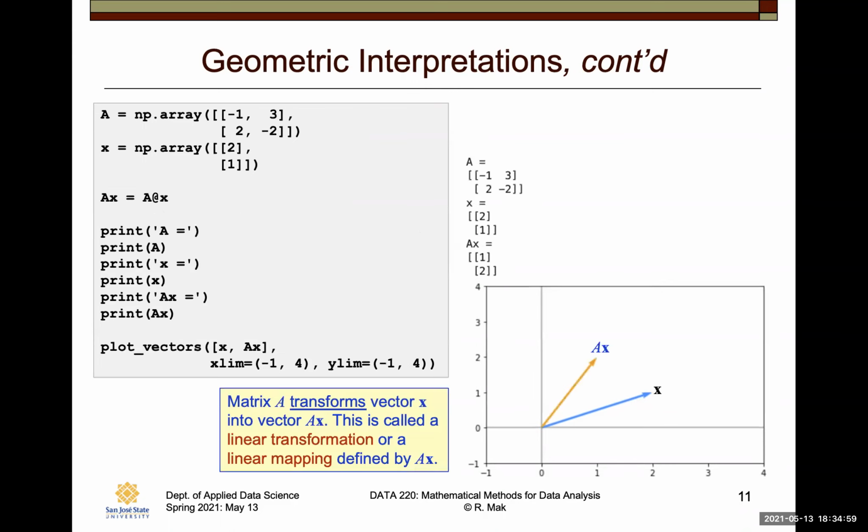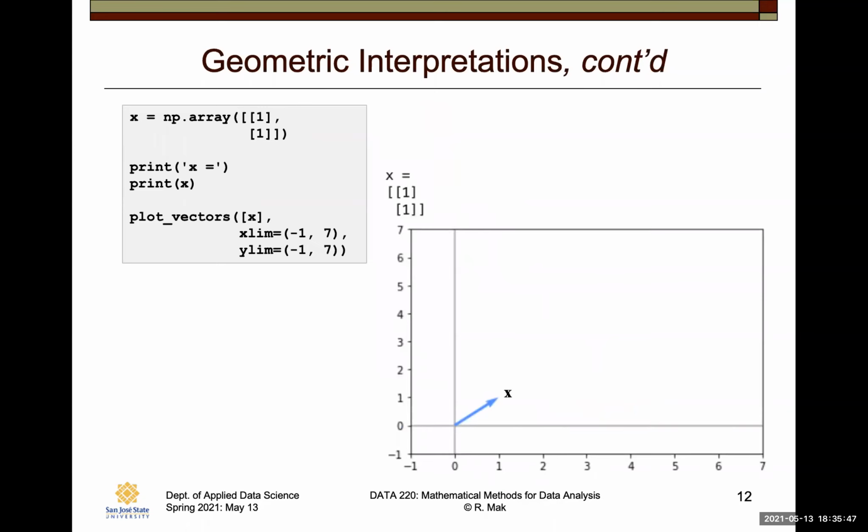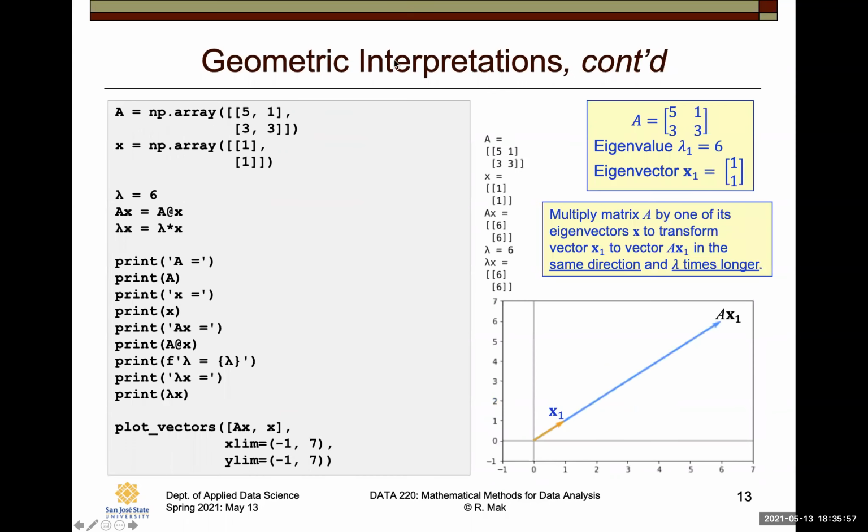Now, what happens if we do this with eigenvalues and eigenvectors? Here is a vector of 1, 1, and I'm going to multiply it by this matrix A. It turns out that 1, 1 is an eigenvector, and the eigenvalue corresponding to this eigenvector is 6.